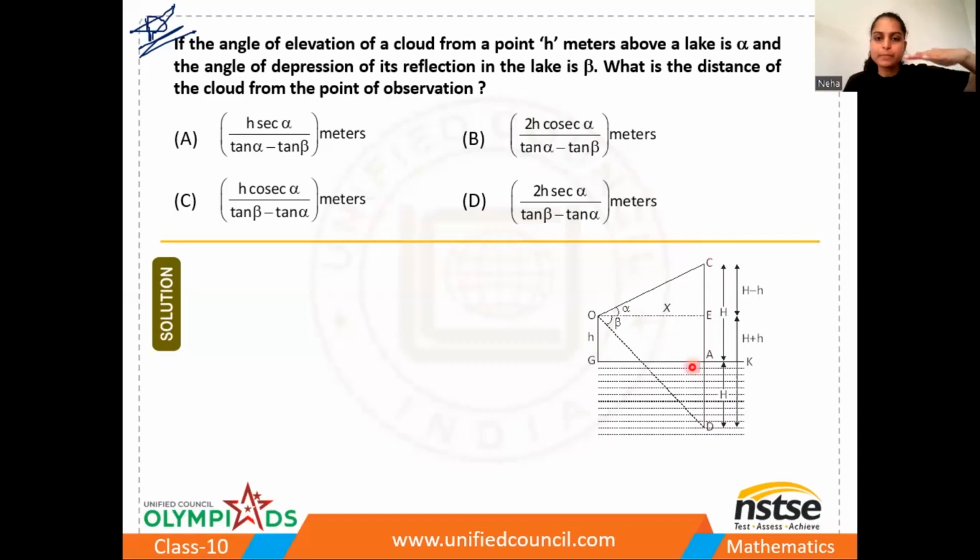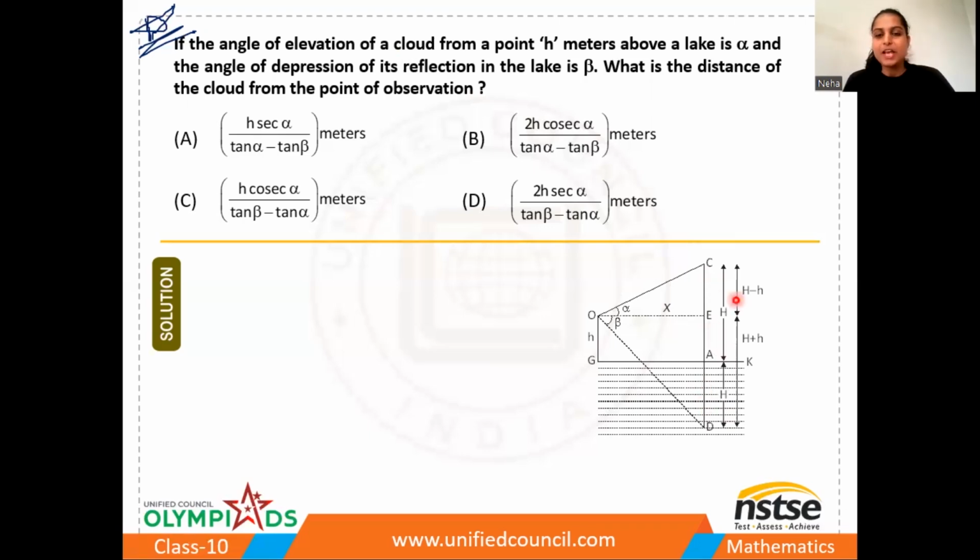So obviously, if the height of the cloud from the base is H, then the reflection will be at the same depth. That means if AC is H, then AD will also be H. This concept I think you have studied in physics.